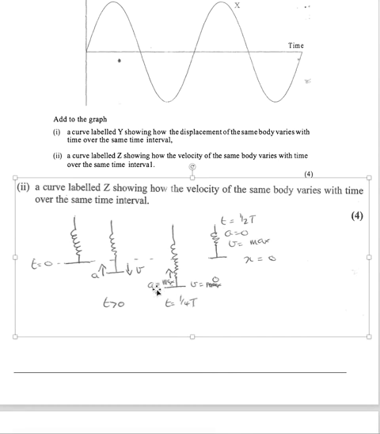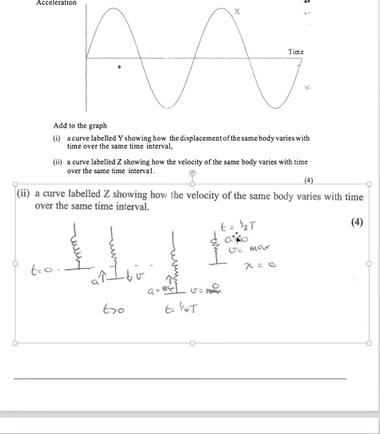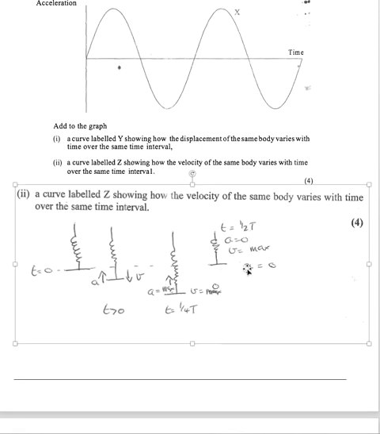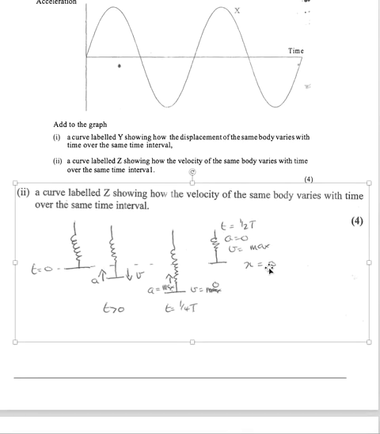A quarter of a period later, it's at the bottom. It has stopped, but the acceleration is a maximum here because it's at a maximum displacement, of course. So the velocity is 0, with maximum positive acceleration. Here we're back to the equilibrium position, x equals 0, at half a period. So the acceleration is 0 because it's going through the equilibrium position, x equal to 0, and a is minus omega squared x. And here the velocity is a maximum.